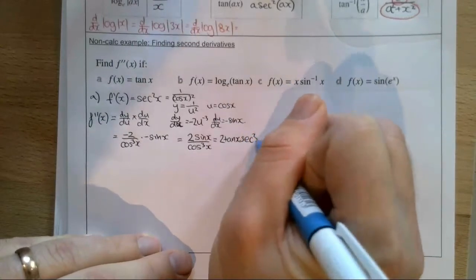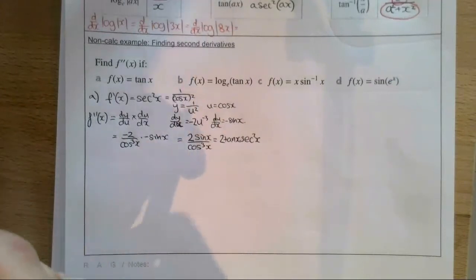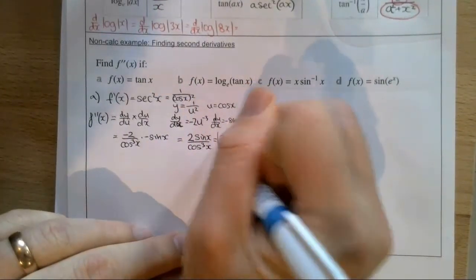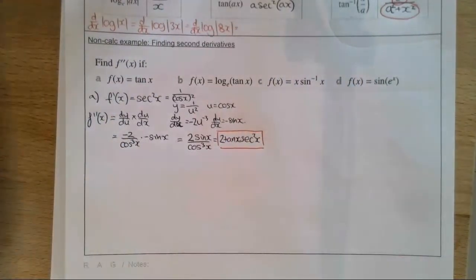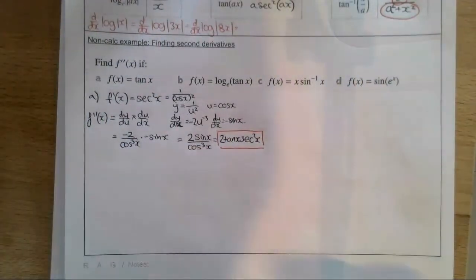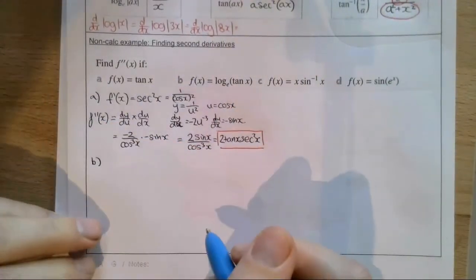And I could write the answer here as 2 tan x sec squared of x. So that's just one example of how we might get different forms for answers that are both correct.